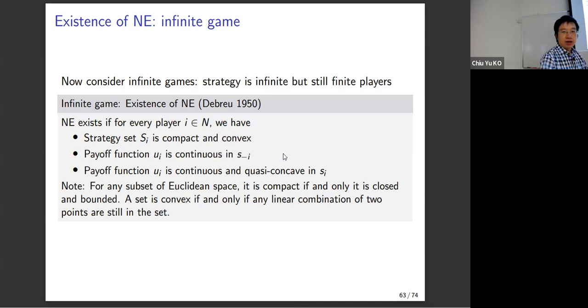Convex means that whenever two strategies are there, their combination is also there. Compact in a Euclidean space is closed and bounded, usually satisfied for a number. There's no problem. And continuous and quasi-concave in your own pure strategy, usually you would satisfy. So that means equilibrium is guaranteed.